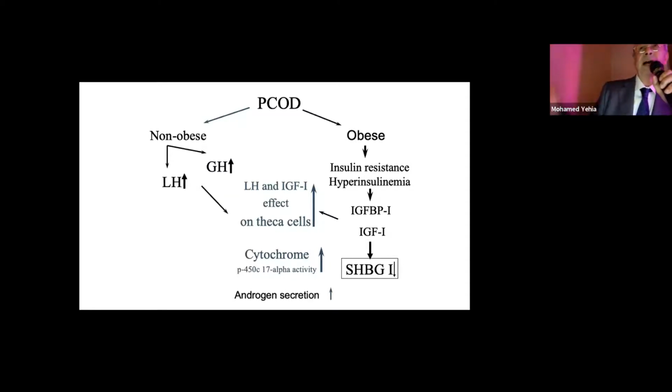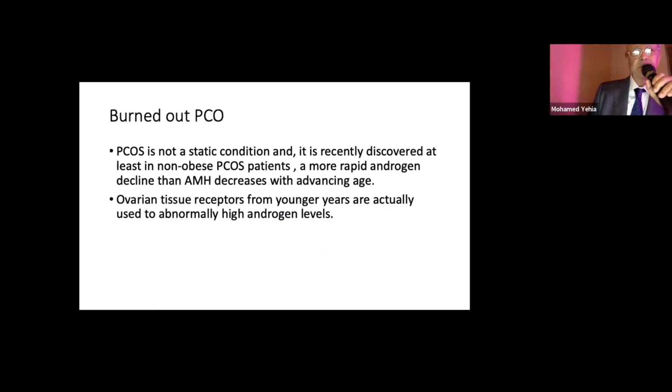So if you have a family, you can usually find the sisters and the mothers, most of them have this problem. What about the third category, which is the burned out PCO? Polycystic ovarian syndrome is not a static condition. It was discovered, at least in non-obese PCO, that a more rapid androgen decline happens with age.